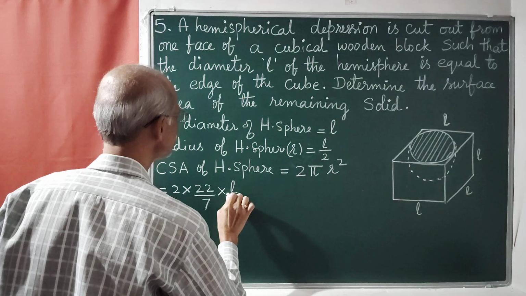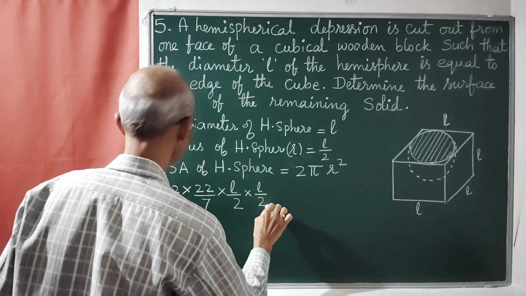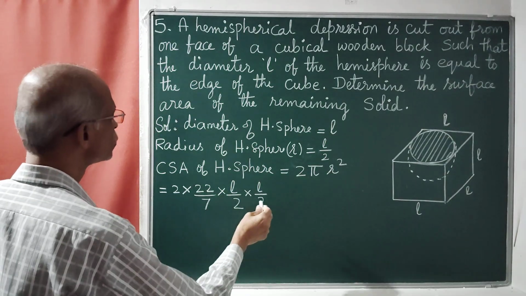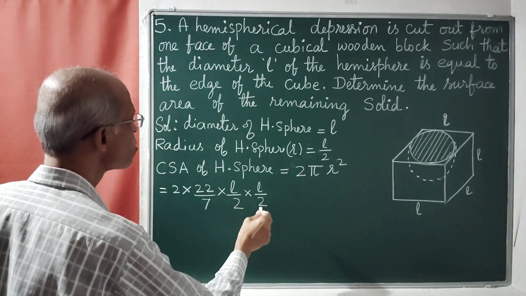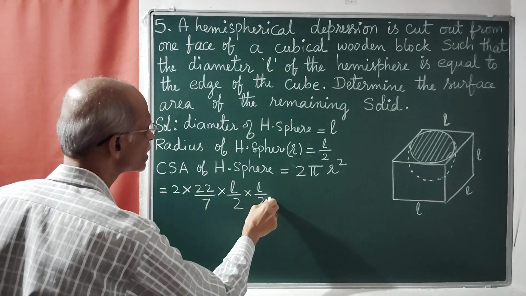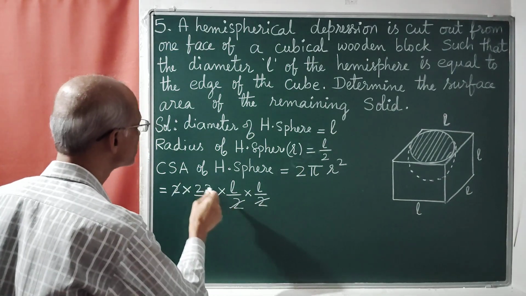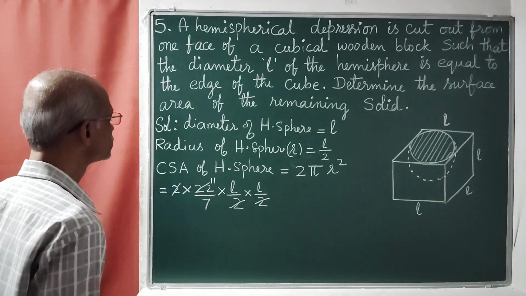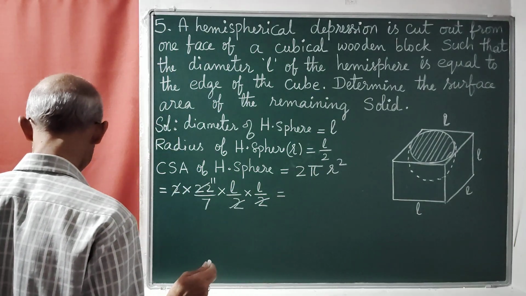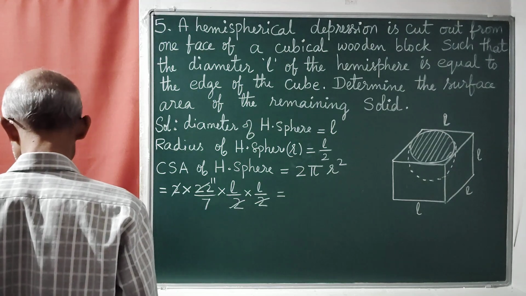So L by 2 into L by 2 square. So here one 2 will be cut off from here. Next, this 2 can divide, it will become 11.